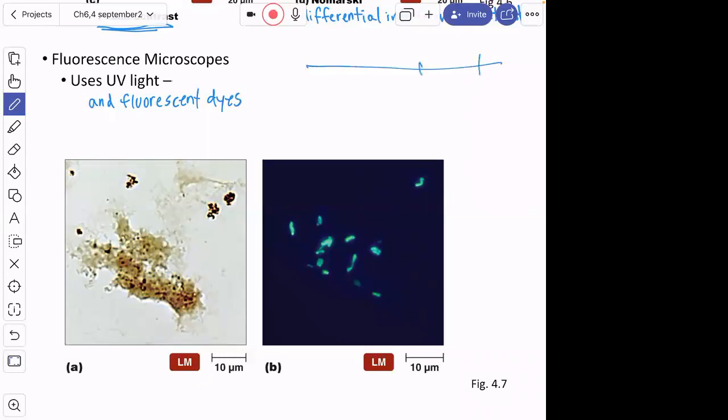If visible is between about 400 and 700 nanometers, UV is somewhere, depending on what kind of cells it's hitting, between 1, 10, or 100 nanometers. Okay, so shorter wavelength. Remember, shorter wavelength of light is going to give us improved resolution.